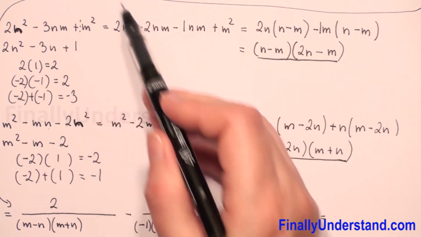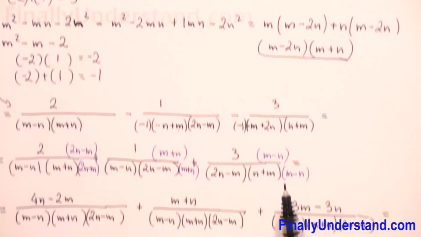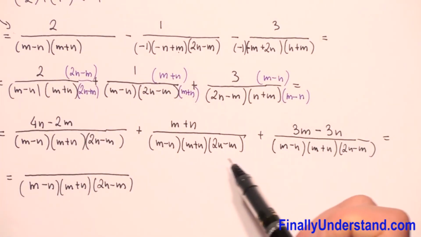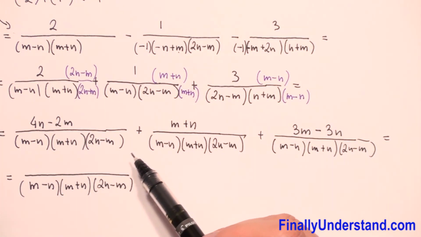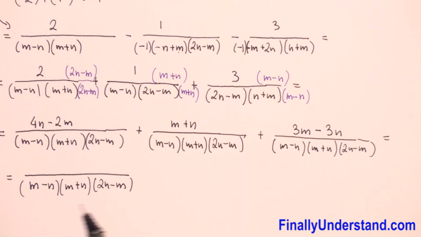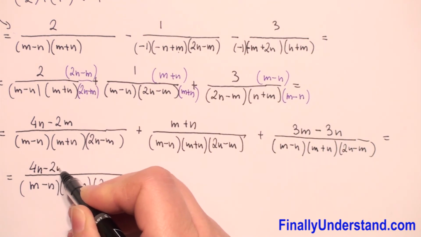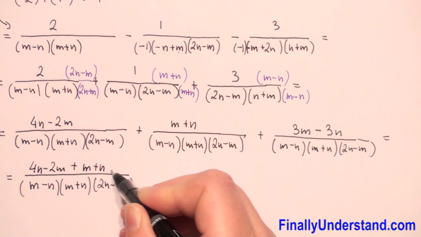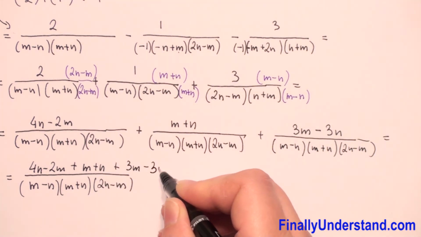We have at the beginning subtraction, but now when we find the common denominator, we change this subtraction to addition, and now we have to just add 3 algebraic fractions. So we have to copy the first numerator, plus the second numerator, and plus the third, 3m minus 3n.